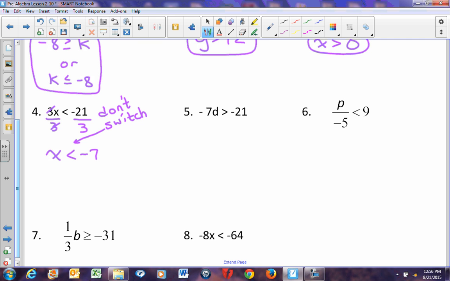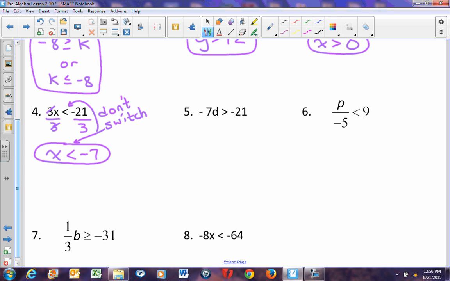Sign stays the same as it was here because we divided by a positive number. Doesn't matter if you get a negative answer. The answer doesn't matter. It's whether or not you multiply or divide by a negative number.